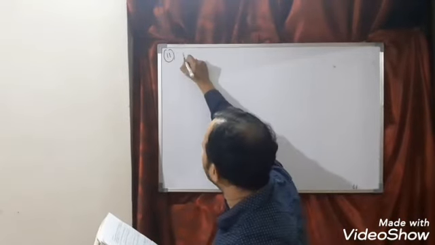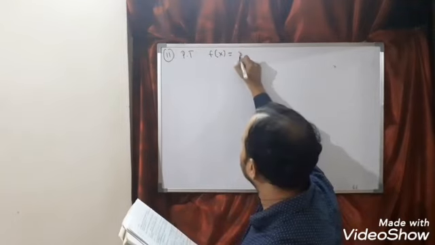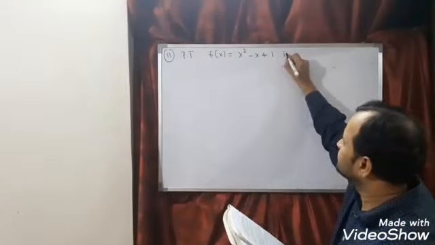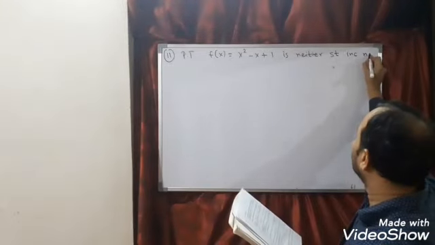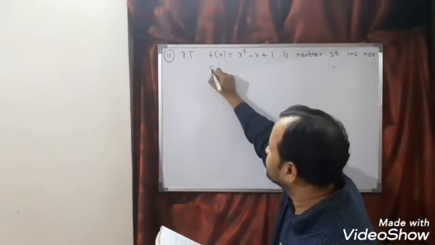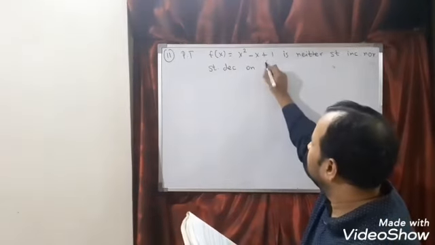Question is, prove that f of x is equal to x square minus x plus 1 is neither strictly increasing nor strictly decreasing on minus 1 comma 1.